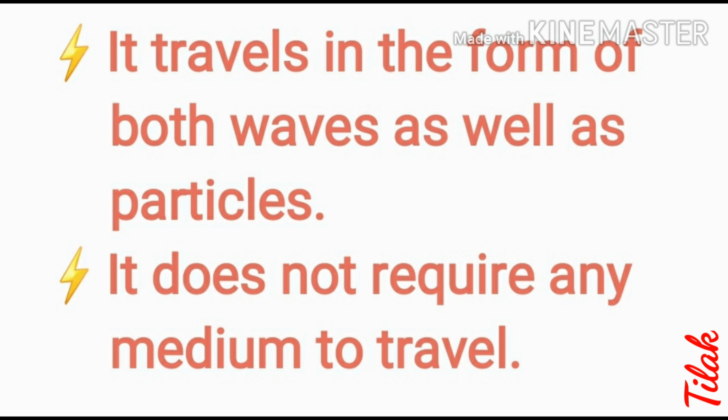It travels in the form of both waves as well as particles. And unlike sound, it does not require any medium to travel. It means sound needs a medium to travel through, but light does not.